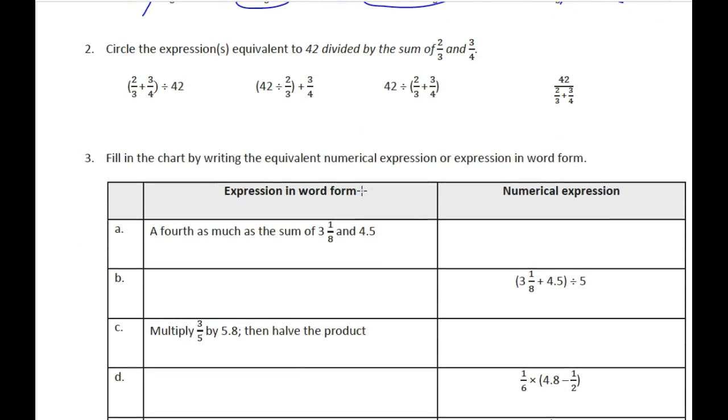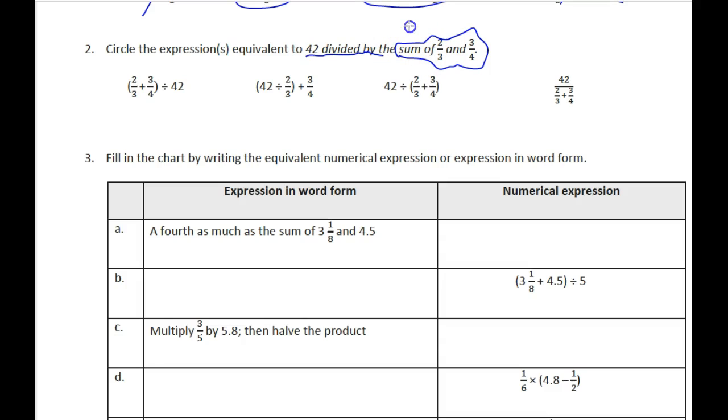Now, let's take a look at circle the expression that's equivalent to 42 divided by the sum of this. So in order, I'm going to make a guitar around it. Oh, that's funny. In order to make a division problem, in order to divide 42 by something else, this has to happen first.